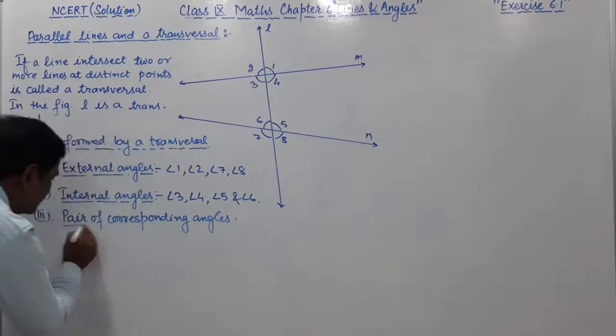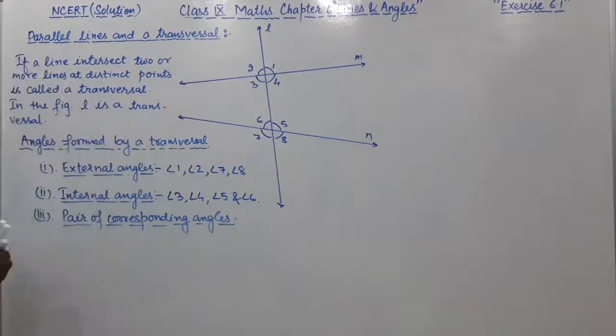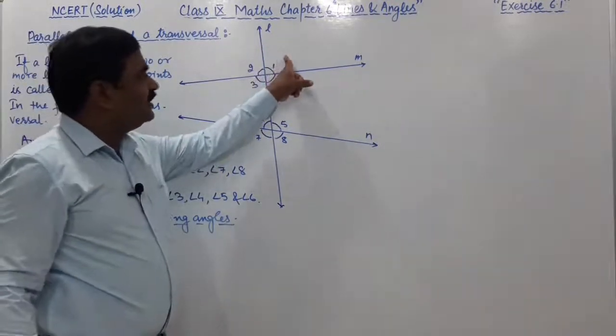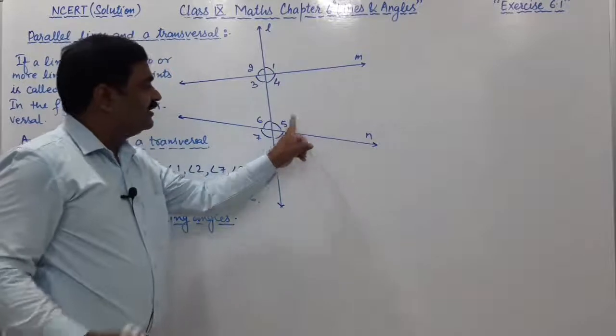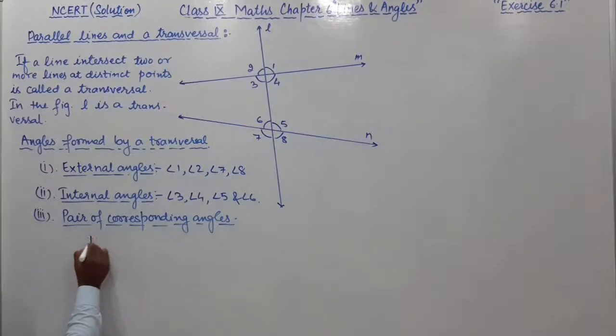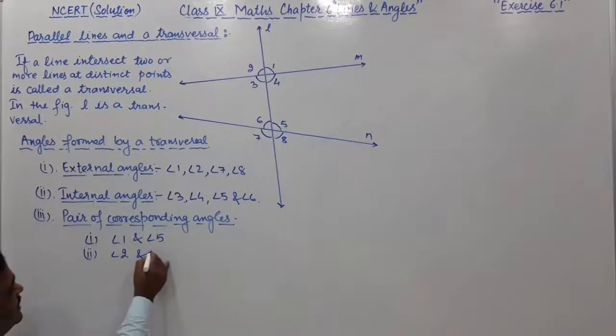Right, students? So there are four pairs of corresponding angles. First pair is angle 1 and angle 5. Second pair, angle 2 and angle 6.